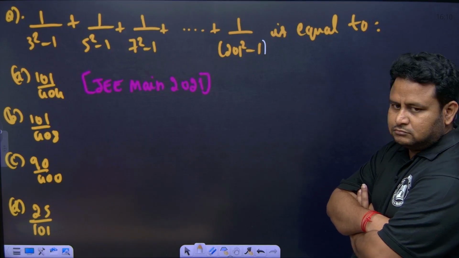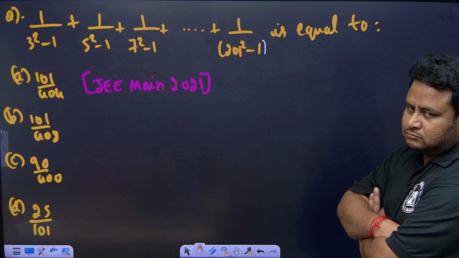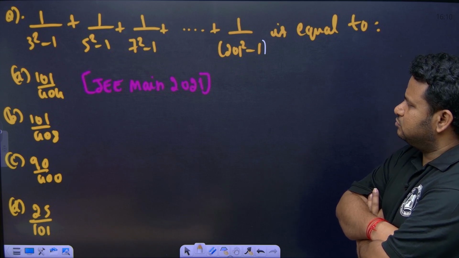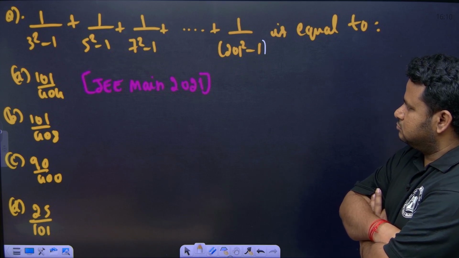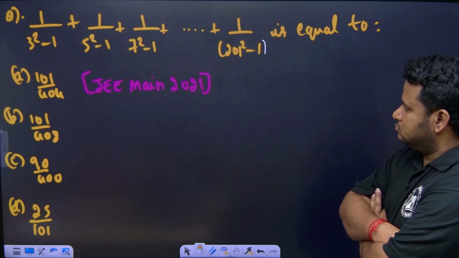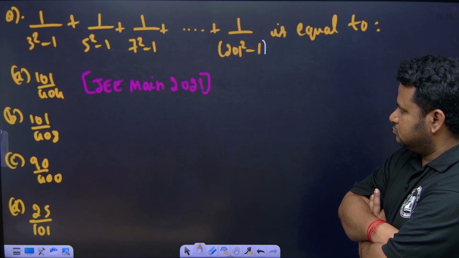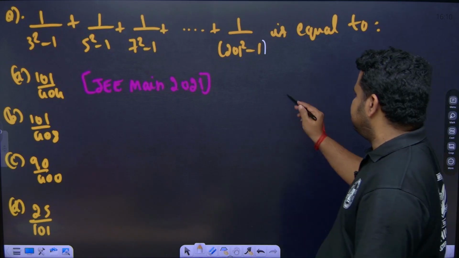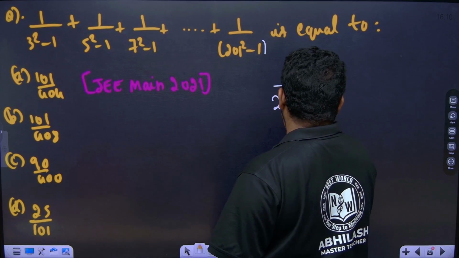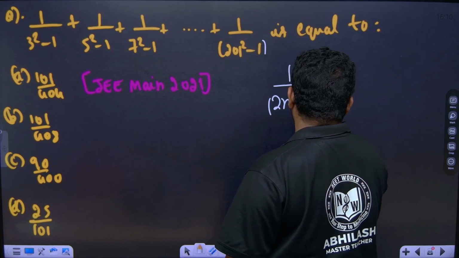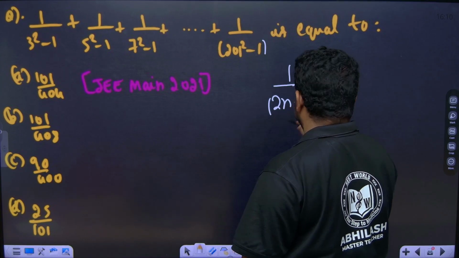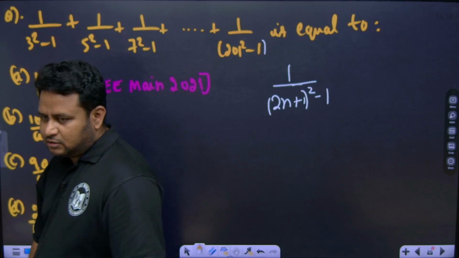One by n plus 2 whole square minus 1 by n plus 2 whole square minus 1. It is actually 1 by 2n plus 1 whole square minus 1. Correct, no? Odd numbers.